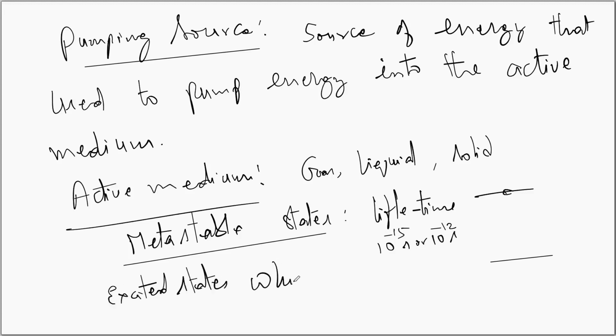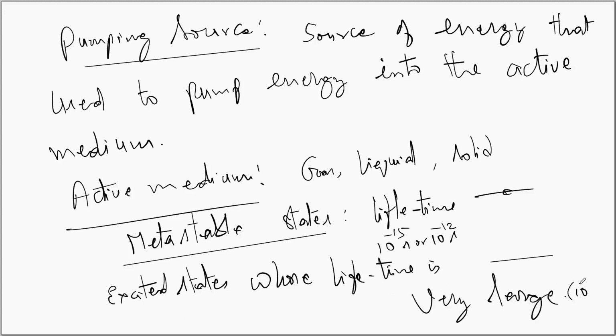whose lifetime is considered to be very large, maybe 10 power minus 6 seconds or 10 power minus 3 seconds. So such a time is very, very large on the atomic scale. Earlier we have seen lifetimes of excited states that are 10 power minus 15 or 10 power minus 12.